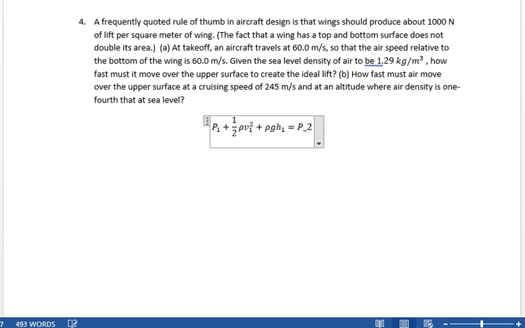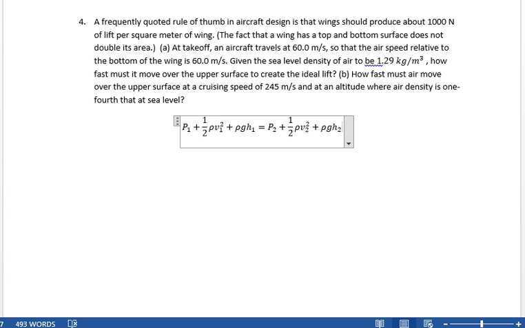And then P2 plus 1/2 rho V2 squared, right? Now we're talking about the pressure on top of the wing and the velocity of the air across the top of the wing, plus rho g h2. Now, essentially no difference between h1 and h2.